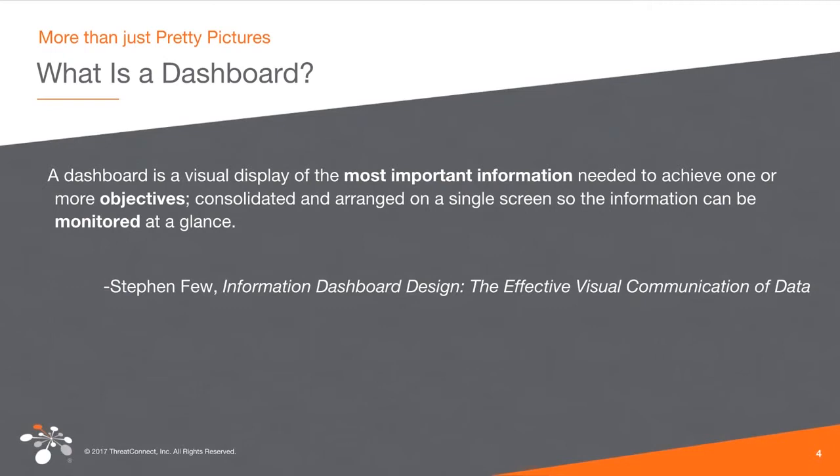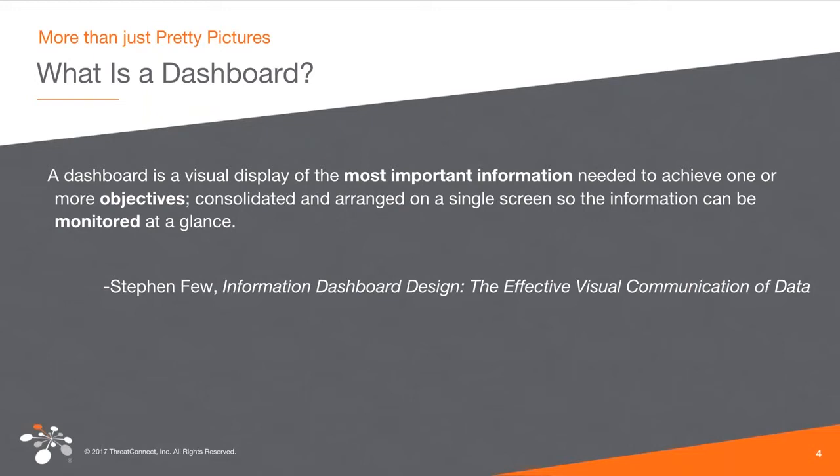The first thing I want to do is get through some basic definitions, and that is, what is a dashboard? You walk down the exhibit hall at Black Hat or at RSA, and you see vendors with a bunch of pie charts and line graphs and bar graphs, and a lot of them say dashboards.